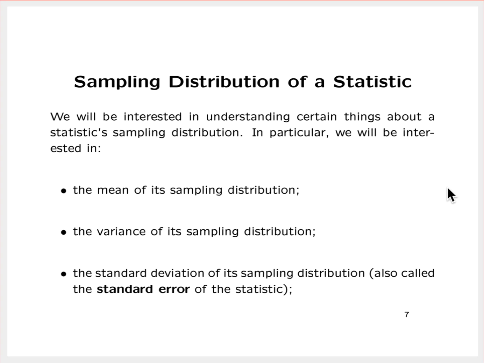We're going to be interested in the mean of its sampling distribution, the variance, and also the standard deviation of its sampling distribution, which is often called the standard error of the statistic. In other words, the standard error of a statistic is the standard deviation of the sampling distribution of that statistic.